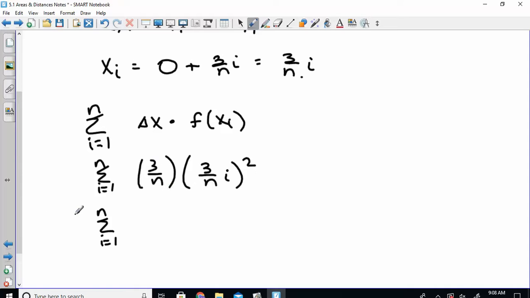If I simplify this, 3 times 3 squared is 27, and we know we can pull coefficients out in front. n times n squared is n cubed. So I have 27 over n cubed times the sum from 1 to n of i squared.